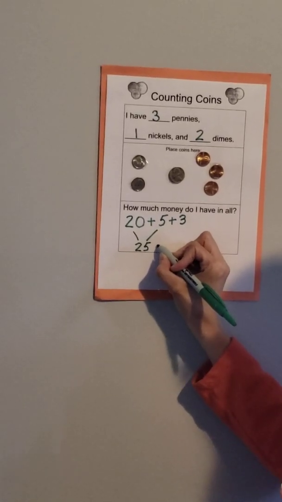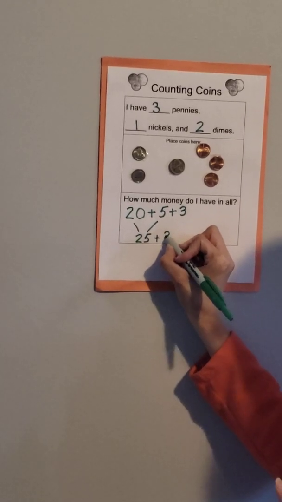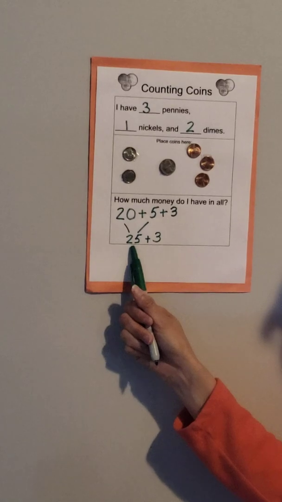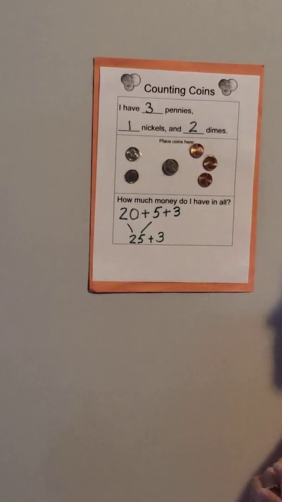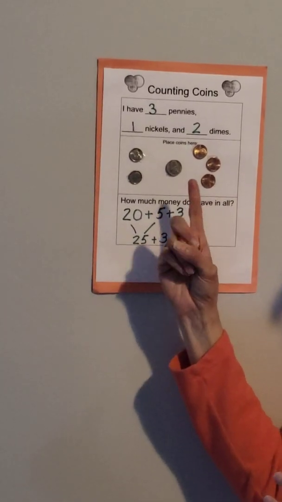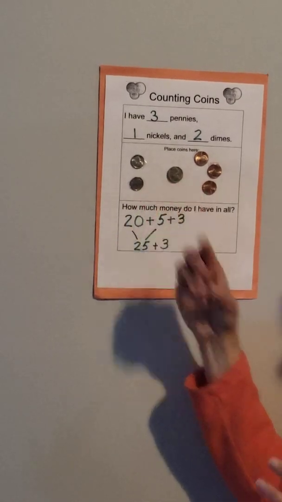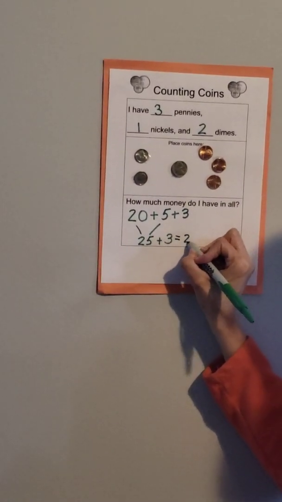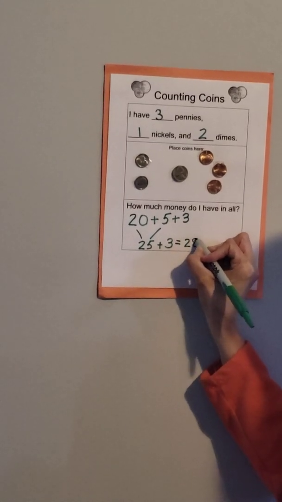Now we're left with 25 plus 3, with 3 cents from those 3 pennies. Now we can add 25 plus 3. 25, 26, 27, 28. So 25 plus 3 equals 28.